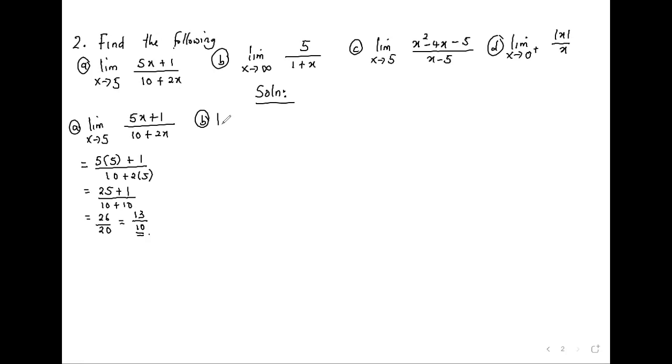B, the limit as x goes to infinity of 5 over 1 plus x. Again, we go to the denominator and pick the highest degree x. So we have 1 over x plus 1. The same x we take up, so we have 5 over x. This x and this one get cancelled.